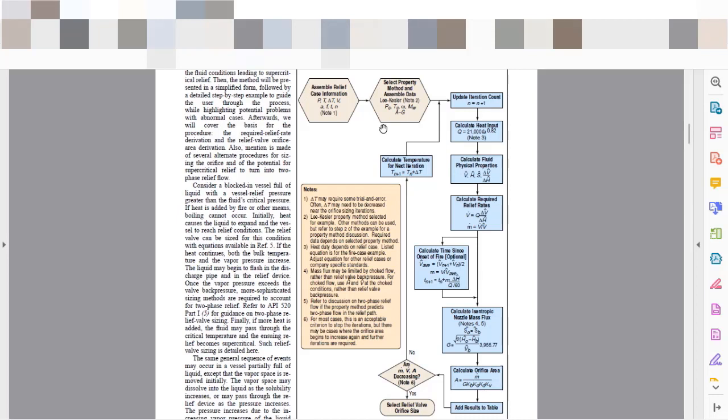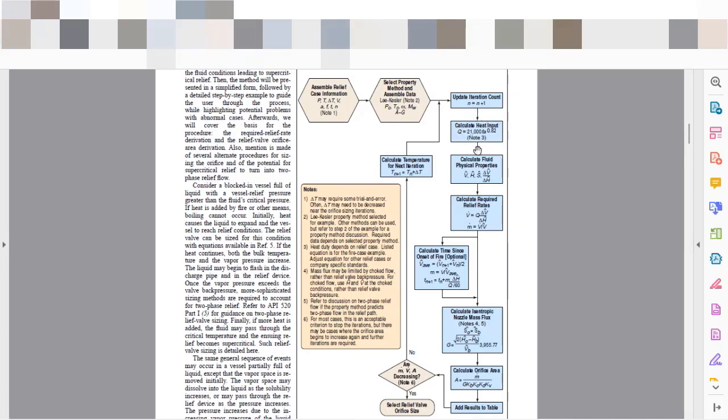So based on that, some years later, another author suggested a similar procedure to perform the same calculations, and we will verify that also. But just to get at the original one, we need to do a number of iterations, considering first the calculation of the heat input, and at this point the insulation information will be very important. As you have seen, in the standard API 521 calculations, there are no considerations for the heat input.